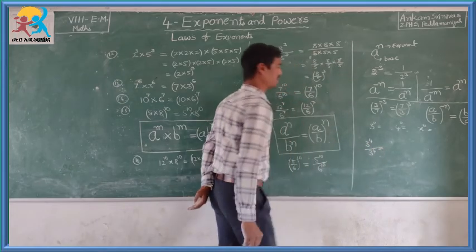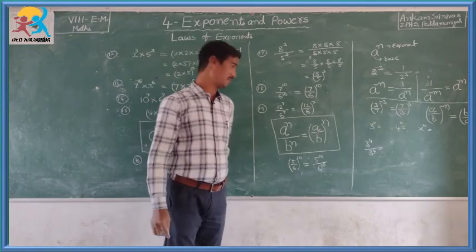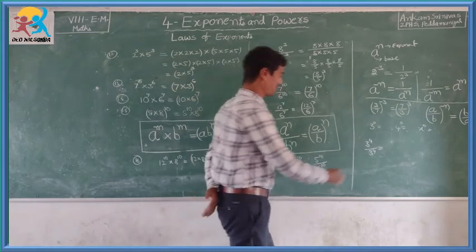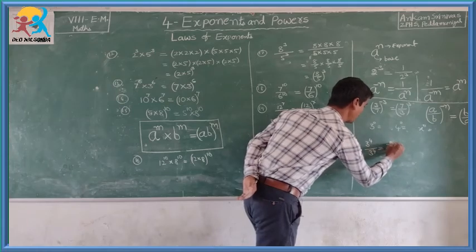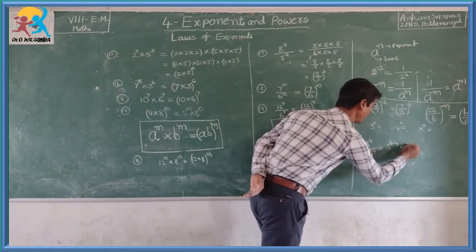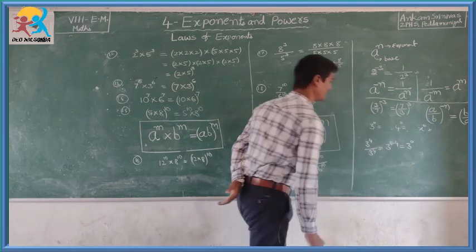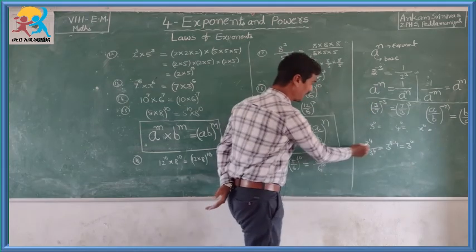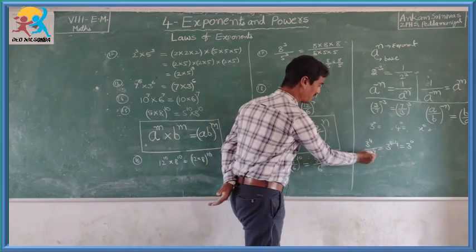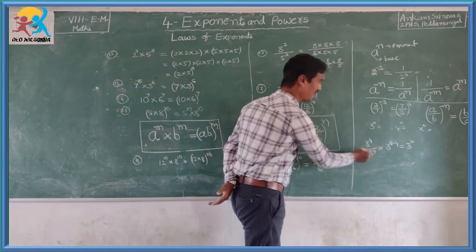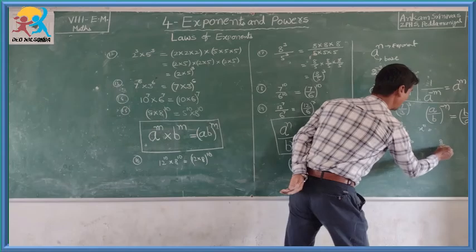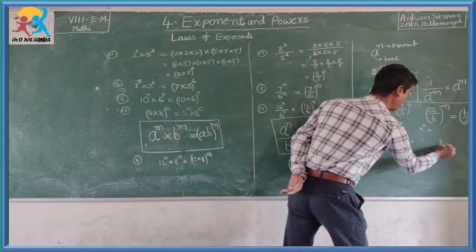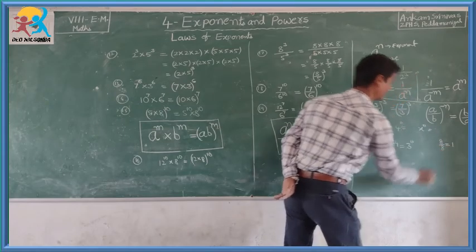If I take 3 power 4 by 3 power 4, this can be written as 3 power 4 minus 4, 3 power 0. Actually 3 power 4 by 3 power 4 will be cancelled, we get 1. What is the value of 8 by 8, children? 8 by 8 we will get 1.